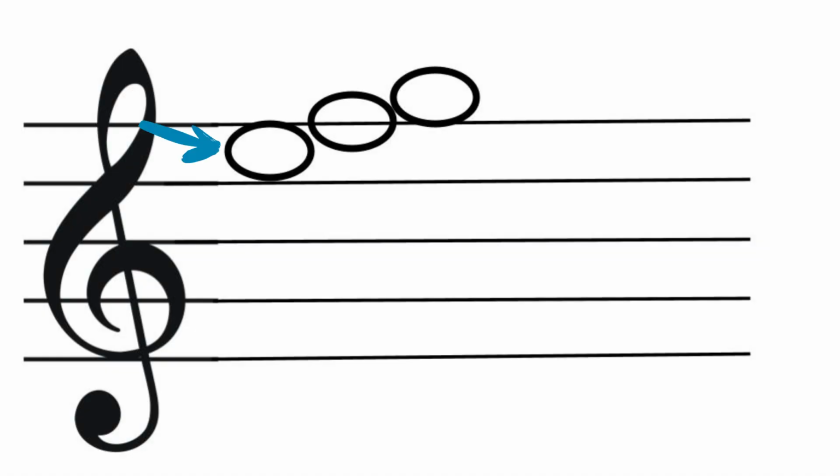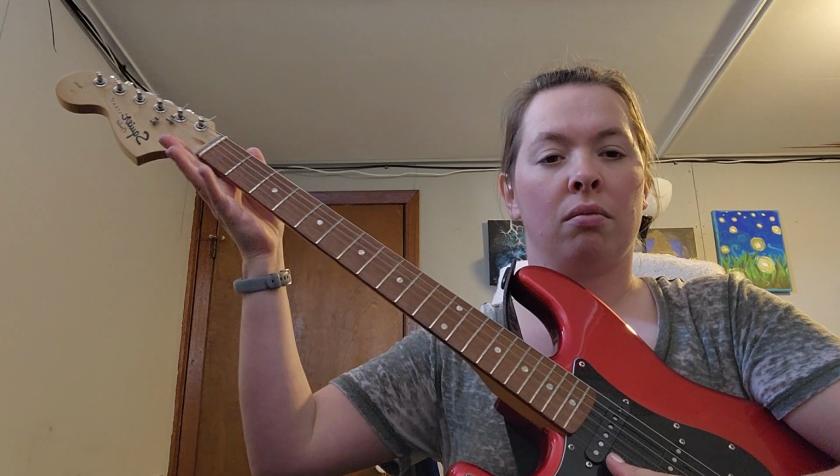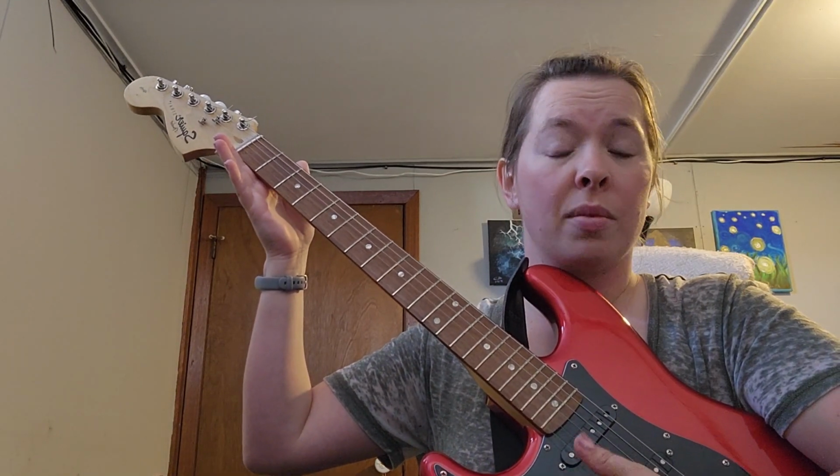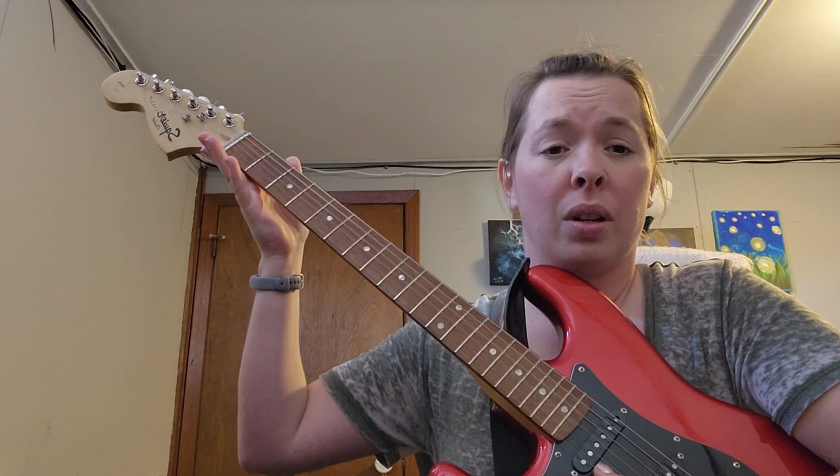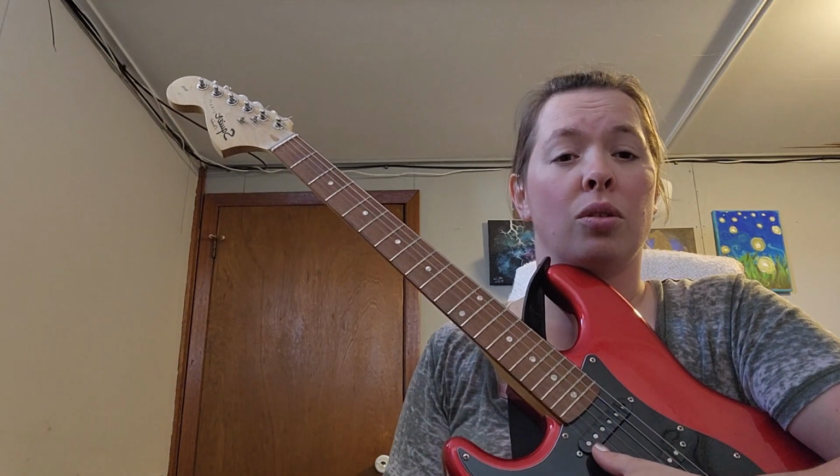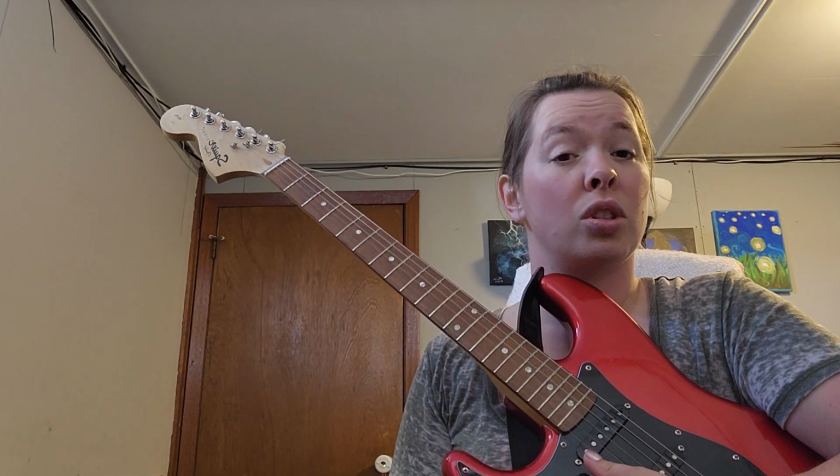We typically start with the first string on the guitar, which is the fourth space on the treble clef, high E. That's your open first string. This one down here. Who decided the strings should be numbered from bottom to top? I don't know, but that's where it is. So high E is your first string, closest to your lap.